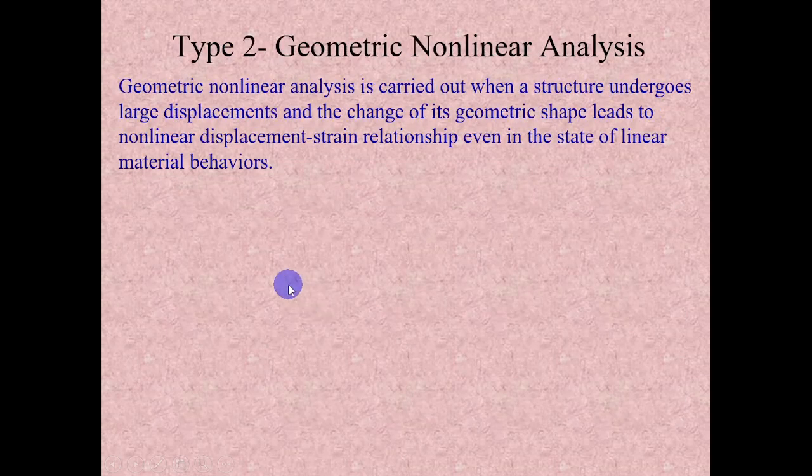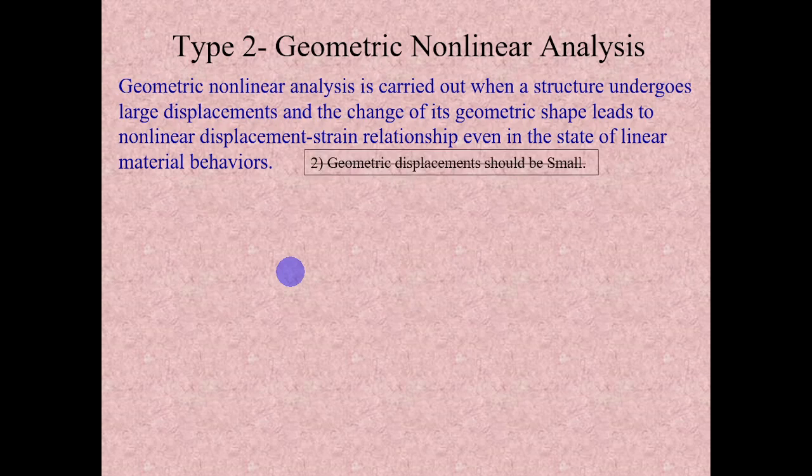The second one is the geometric nonlinear analysis. Geometric nonlinear analysis is carried out when a structure undergoes large displacements and the change of its geometric shape leads to nonlinear displacement-strain relationships even in the elastic limit. So geometric displacement should be small.